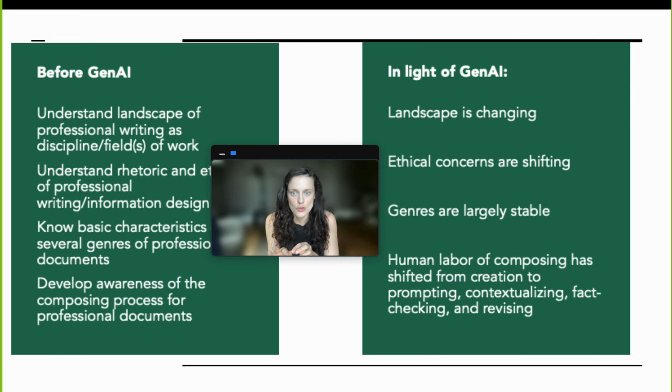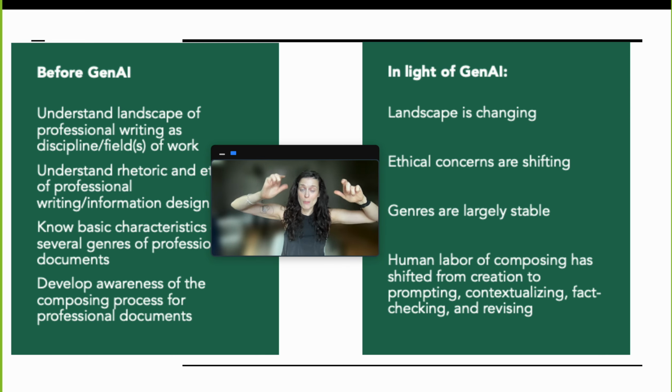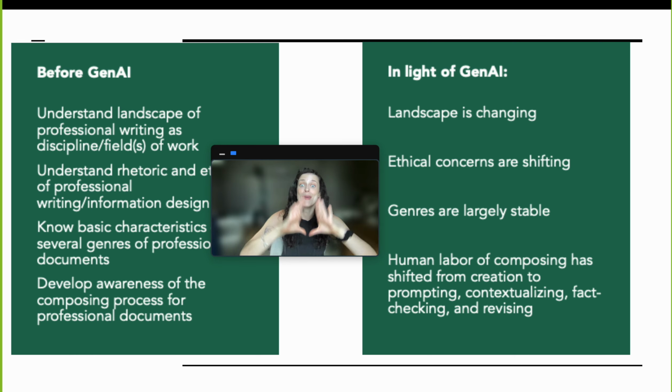You obviously had to draft and then revise and do all these things. However, now in many workplaces, the major work of a professional writer is to engineer a prompt that you then put into generative AI, and it gives you the basic document, and you start with that document, and you have a lot of work to do there.